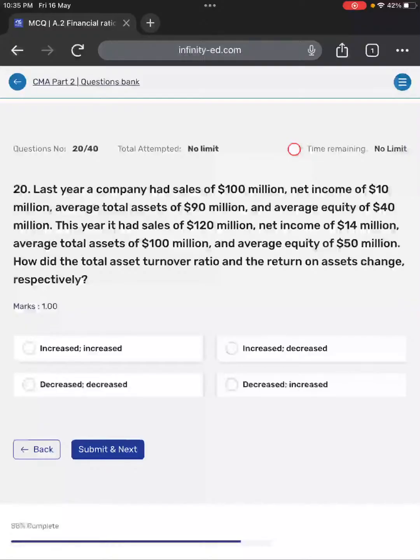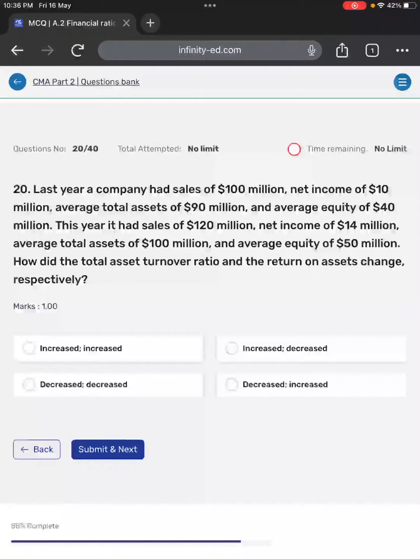Last year, a company had sales of 100 million, net income of 10 million, average total assets of 90 million, and average equity of 40 million. This year it had sales of 120 million, net income of 14 million, average total assets of 100 million, and average equity of 50 million.